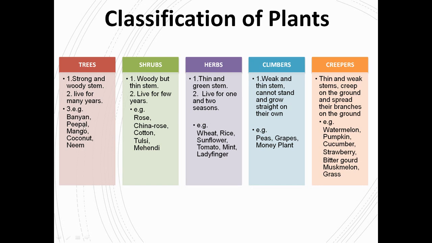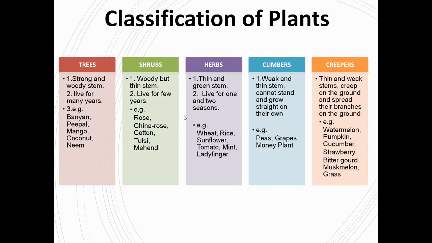Examples: banyan, peepal, mango, coconut, neem. Next category is shrub. Woody stem, but thin, not thick as in trees. Live for a few years. Rose, China rose, cotton, tulsi, mehndi are some examples of shrubs.